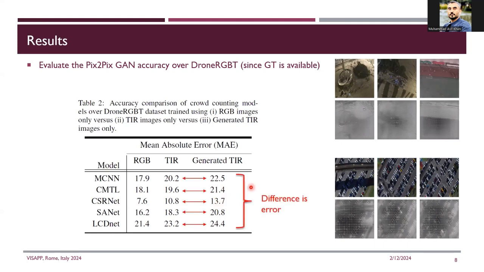The difference between the thermal and the generated thermal images, you can see the error occurring in the Pix2Pix GAN, because these images are not real. These are the generator's outputs.